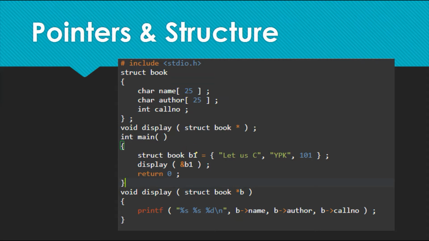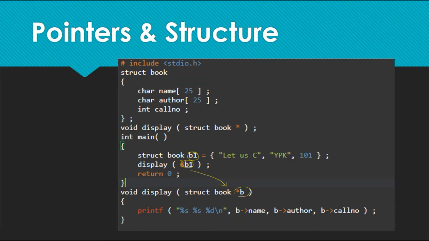If we treat B1 as a simple variable, the process is like with an int. It's basically just a structure, but the process is still the same because this is still a variable. When you pass this to another function using pass by reference, it is the same method as with integers, floats, and all the other variables. You pass the memory address and the receiver should be a pointer.